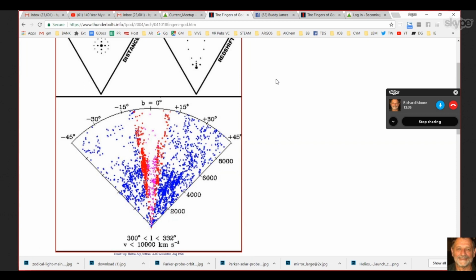And when you start plotting these redshift distances in the sky, two things seem to happen. Number one, you get these weird fingers, so things look stretched out and pointing towards the Earth. And number two, you end up with what would be best described as concentric rings of quasars.